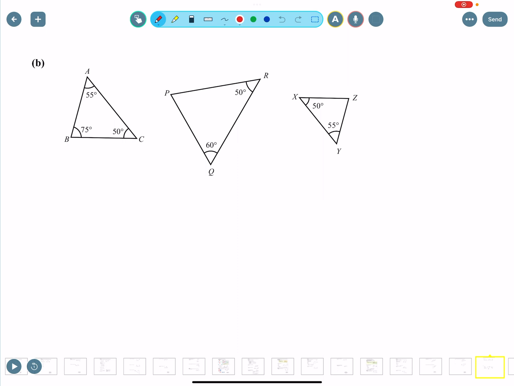Determine which of the three triangles are similar. So it's basically 2 out of 3 that are similar. Usually it's 2 out of 3, but there could be all 3 similar.